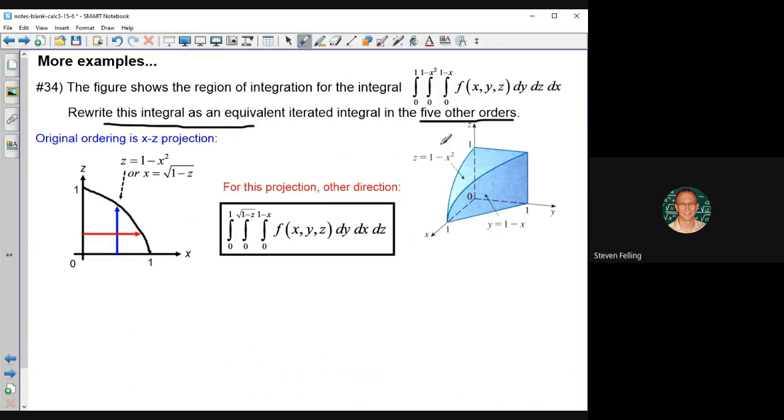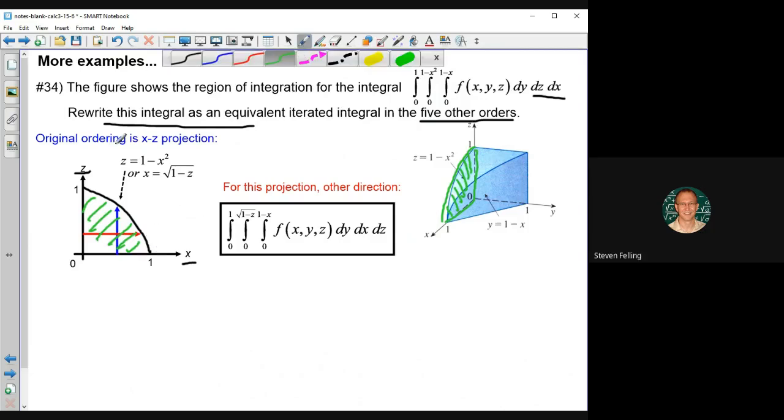Okay, so in the original, if you were to try to recreate what's going on here, we have xz, which means we're projecting into the xz plane. So if you imagine that you're projecting onto the xz plane, that's forming this region here. So this region here is the same as this region here if you draw it out this way, right?